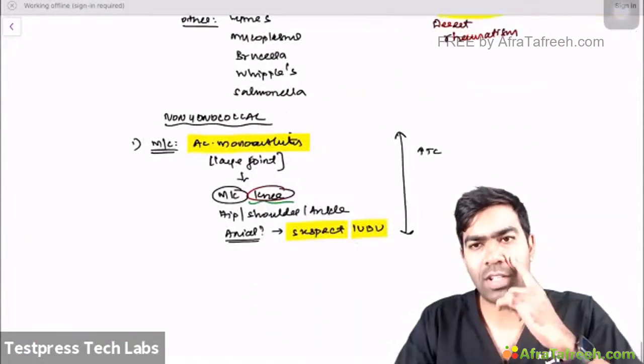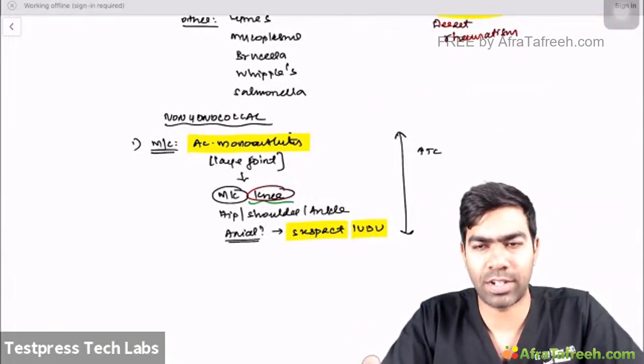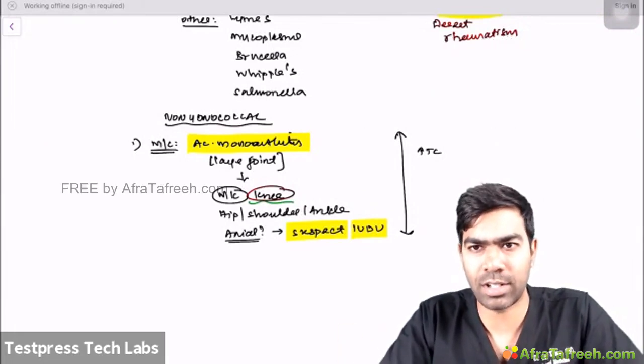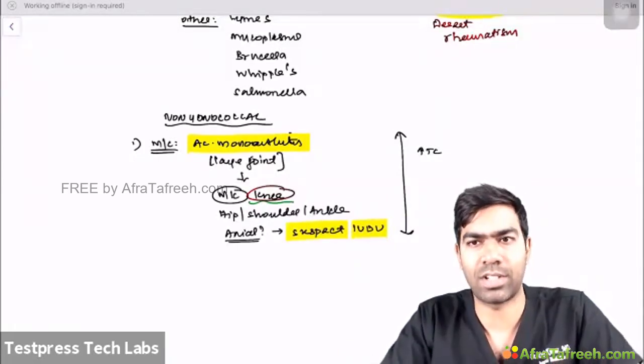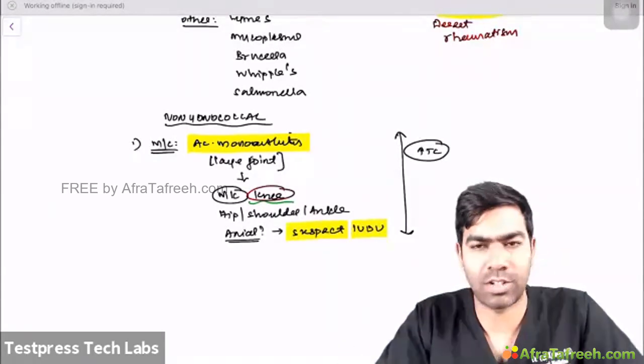Reiter syndrome is a form of reaction to an underlying infection. Or the infection is gone already, it's just an immunological reaction to that infection. Apart from that, it's not an infectious arthritis. So you should not consider Reiter syndrome as an infectious arthritis. It's not a septic arthritis. We are dealing with septic arthritis right now.